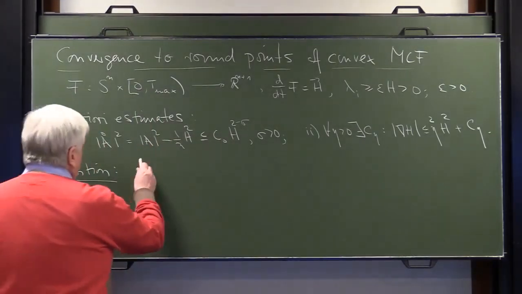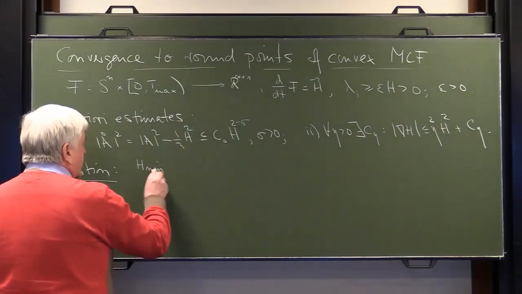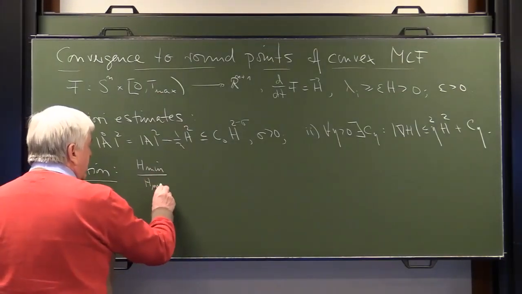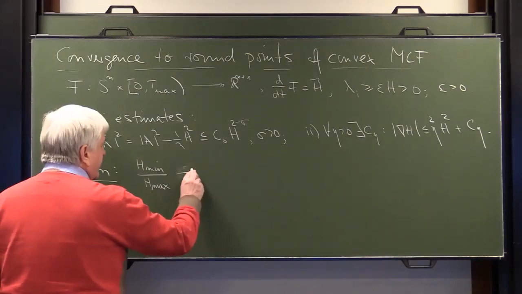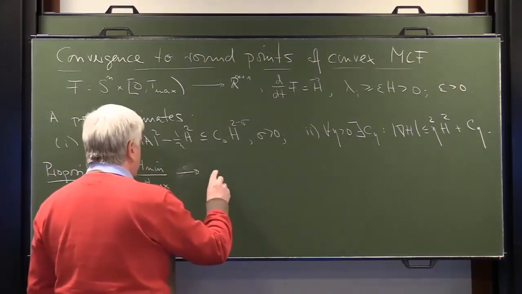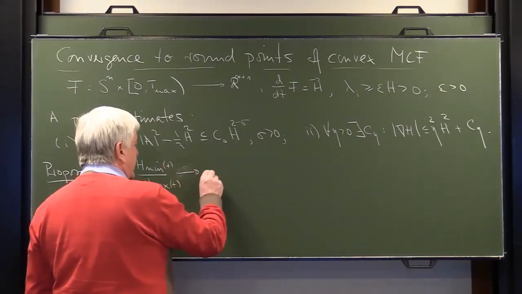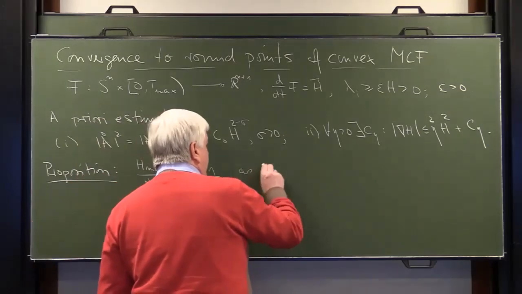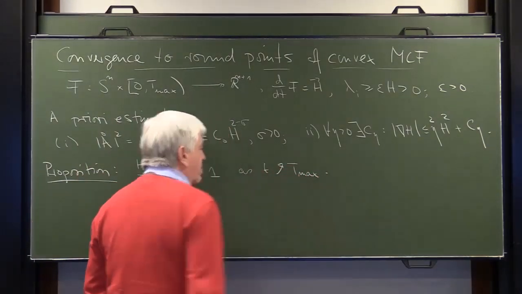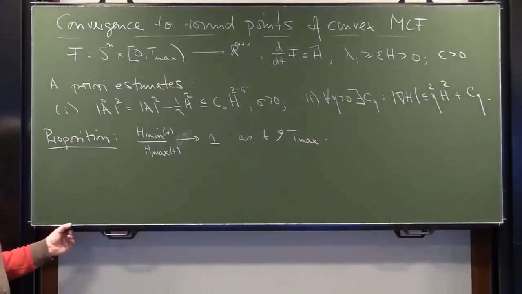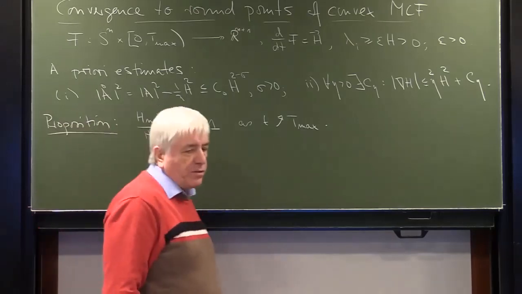So the proposition says that the ratio of the minimum and the maximum of the mean curvature at time t converges to 1 as t approaches the maximum time. This is the next step we want to show. And we use the gradient estimate for that.